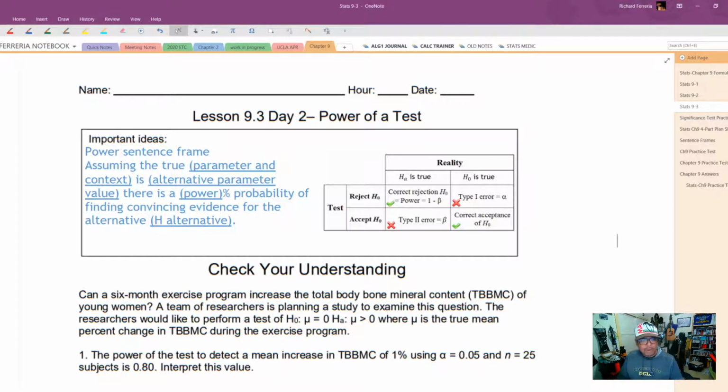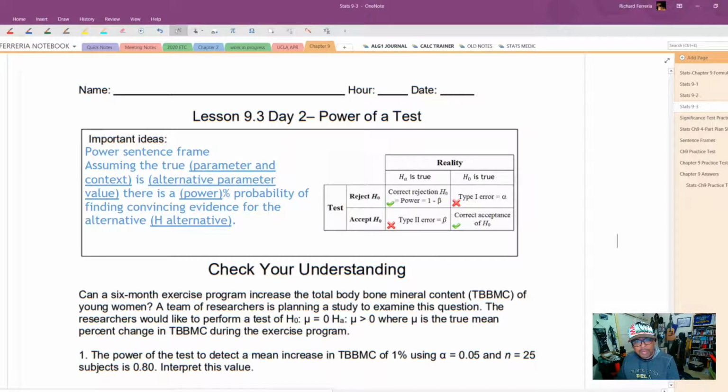Now, over here, we have kind of a truth table. I guess that's what some people call this, but a lot of people are really into this table. So we'll notice that we have the reality of the situation on the columns and the test results on the rows. So let's say that we reject the null hypothesis, putting us in the first row, and the null hypothesis was actually true.